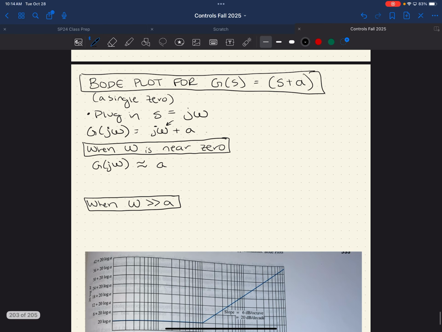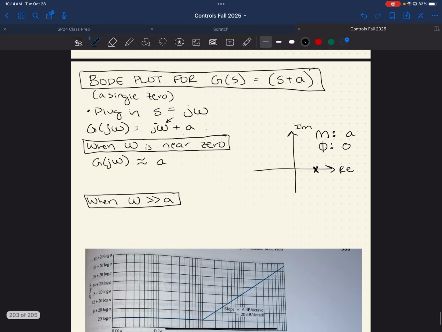So plus a is a complex number, which just has a 0 imaginary component. If I were going to plot this value a as a complex number on my real imaginary axis, what would my magnitude be? Just a. What is the angle that this vector creates with the x-axis? 0. Angle is 0.